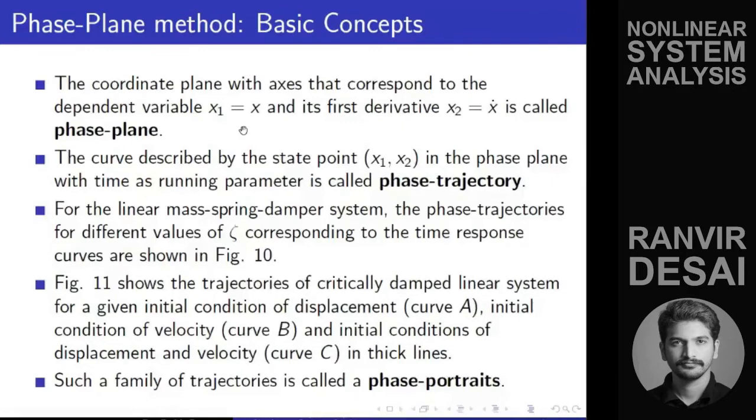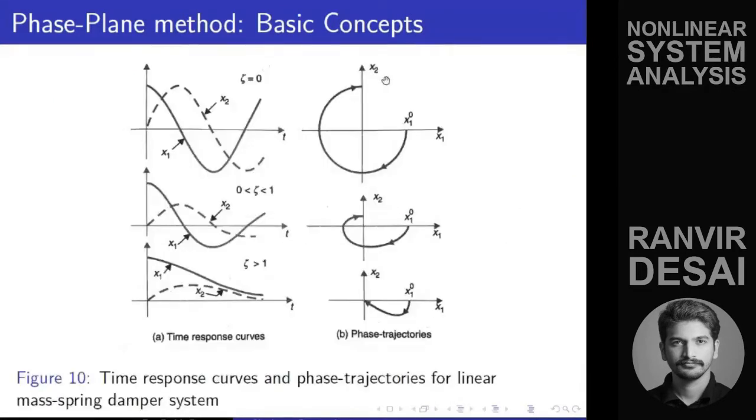Now in the case of our linear mass spring damper system, this will be the plot, or these will be the phase trajectories. As you can see here, this point is x1, x2 at t equal to 0. x1 has some value and x2 is 0, so the initial condition is x1(0), 0. This is that point, and it is starting from there.